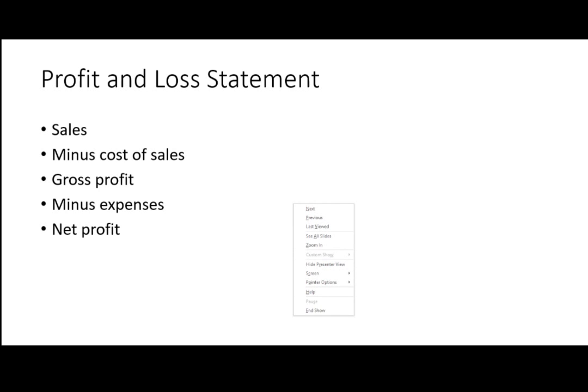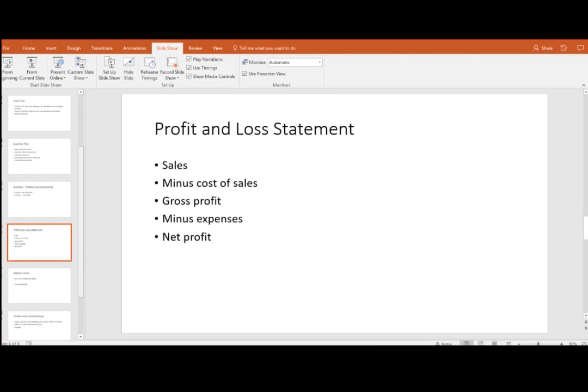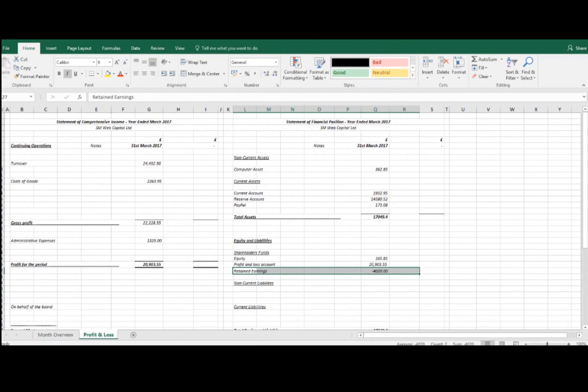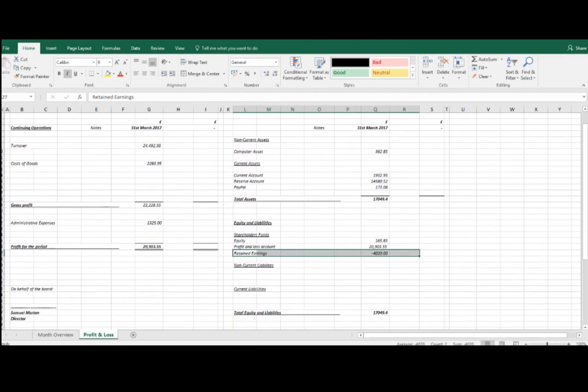Let's see if I have a template that I can share with you. Okay, so here's a profit and loss statement on the left here, ignore this on the right. So we have turnover, cost of goods.